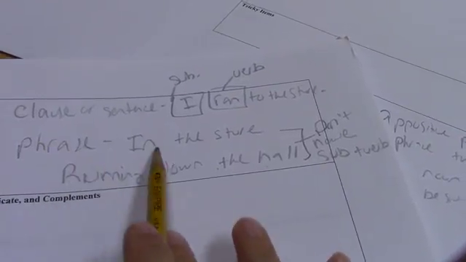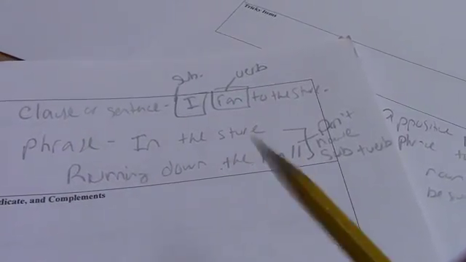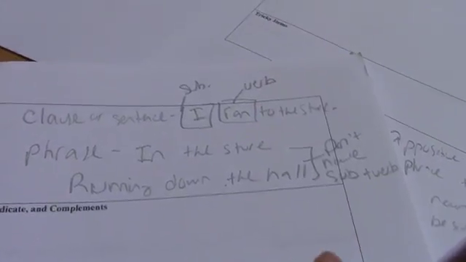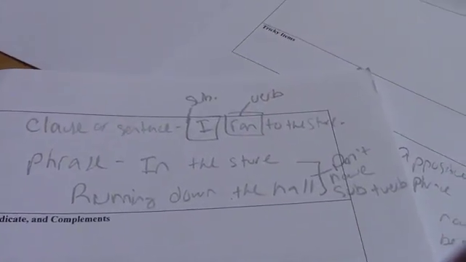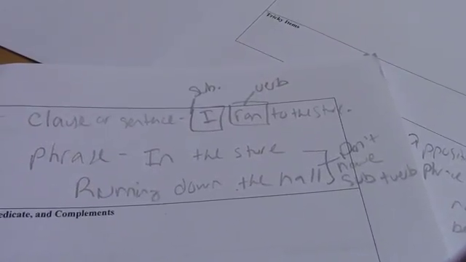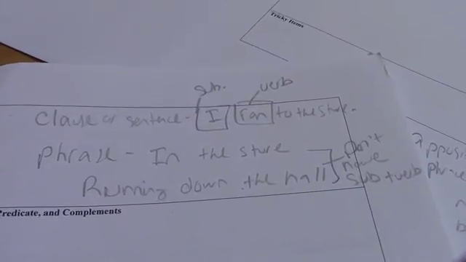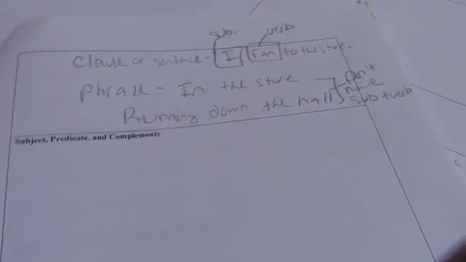That's how I know that these two things are phrases and not clauses or sentences. Later in this video, we'll be talking about two main kinds of phrases: appositive phrases and prepositional phrases. But before we get to that, I do want to talk about subjects, predicates, and complements.